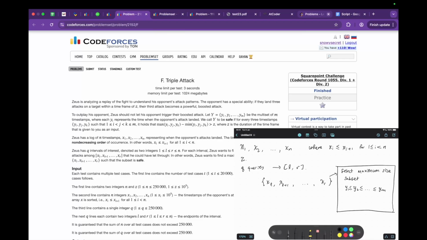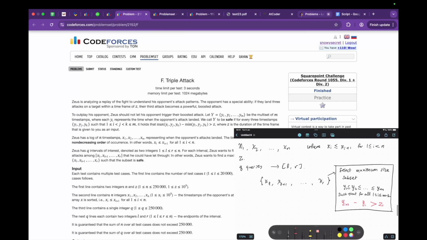And we want to select this subset such that for all i from 1 to m minus 2, the following condition holds. We want yi plus 2 minus yi to be greater than z.